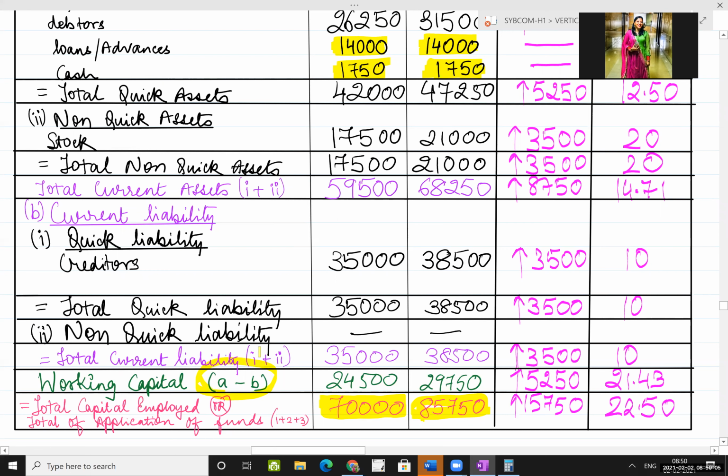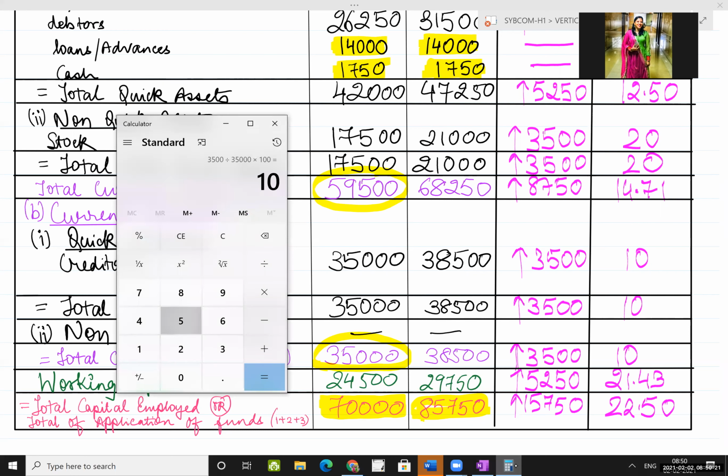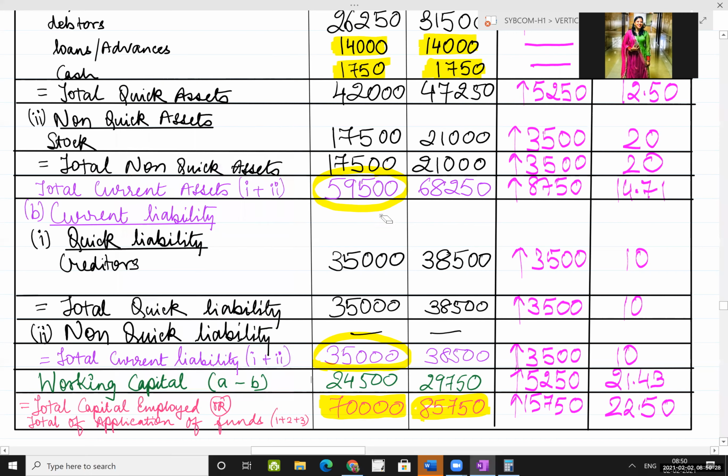It is A minus B. मतलब current assets minus current liability. Okay. Talking about this, 59,500 minus 35,000, 24,500. Okay.